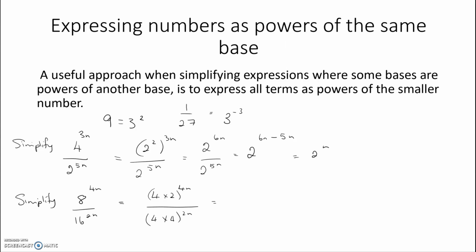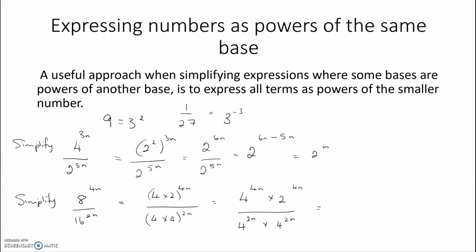So then we've got 4 to the power of 4n times 2 to the power of 4n over 4 to the power of 2n times 4 to the power of 2n.